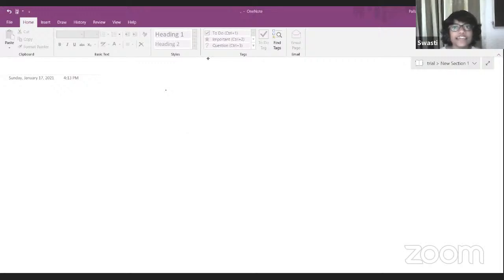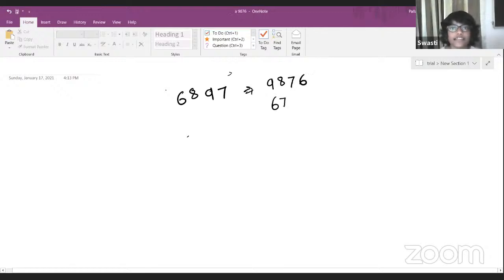So let's take 6, 8, 9, 7. Now we need to arrange this number in ascending and descending order. Not this number, but this number's digits. So the descending order is 9, 8, 7, 6. And if we arrange it in ascending order, we get 6, 7, 8, 9.